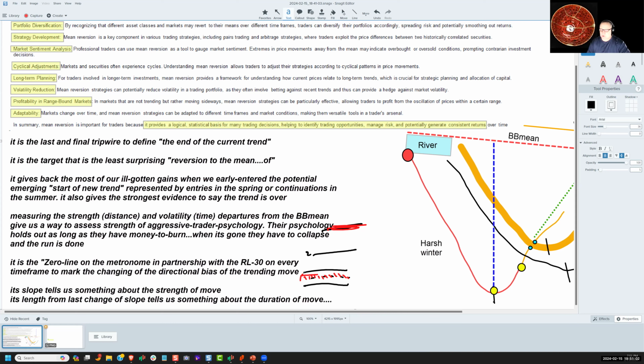So if this was the normal, and then this is the boundary of the river, plus or minus 1. And then the floodplain is plus or minus 2, and this is the z-score plus or minus 3. That is the boundary of rational exuberance, if you will, based on the last 30 bars.